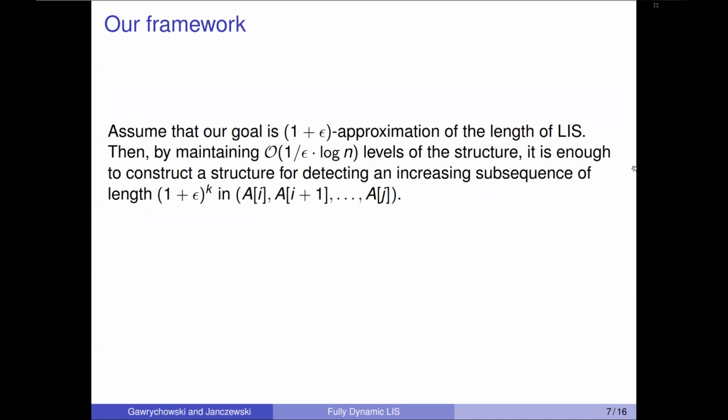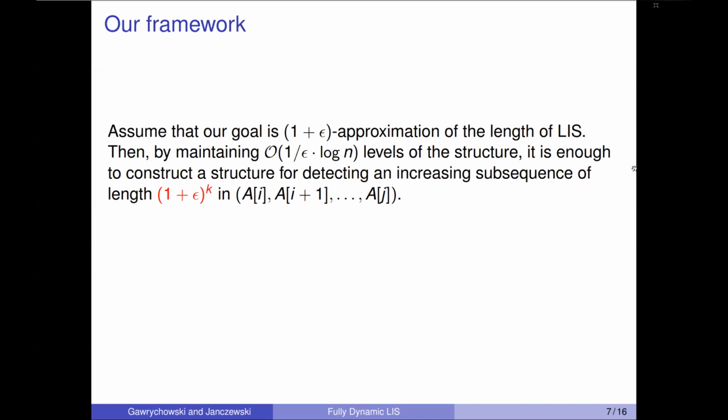Okay, so what would be one of the standard approaches to computing an approximation of LIS? Well, let's say that we are able to check whether in a given interval, in a given subarray, there exists an increasing subsequence of size 1 plus epsilon to the power of k.